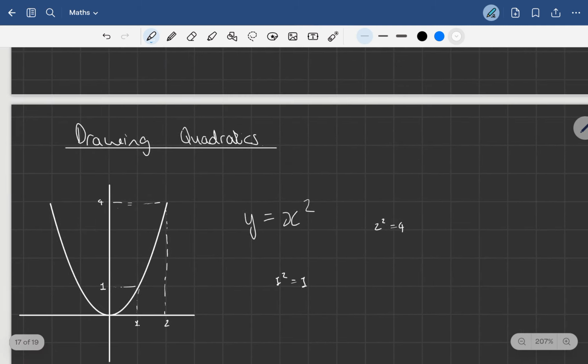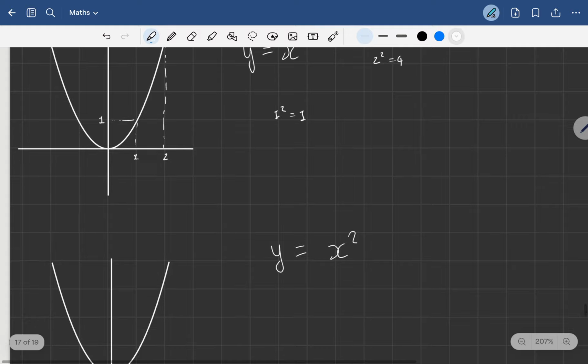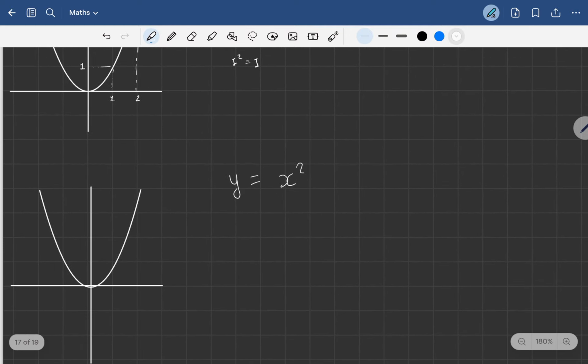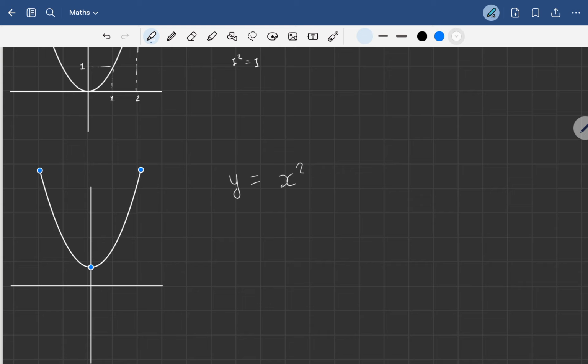Now, but the thing is, all quadratics aren't just x squared. So let's scroll down a bit. What happens if we change the starting point? What I mean by that is, I can move this up or down. So originally it's here.